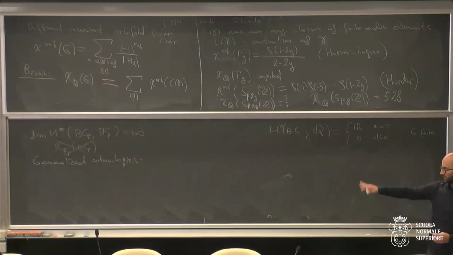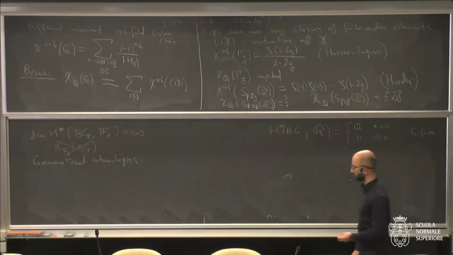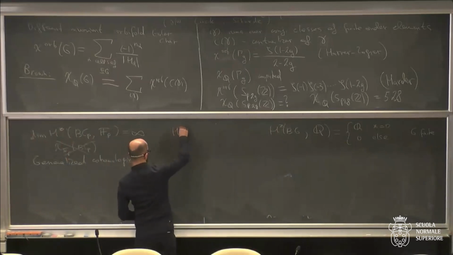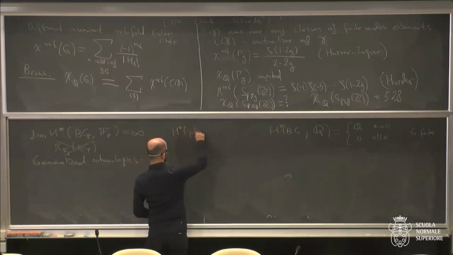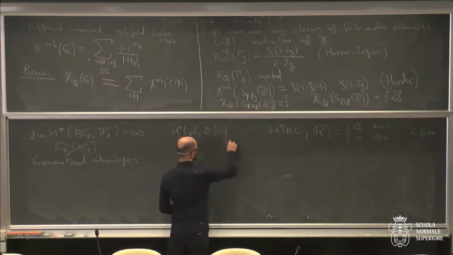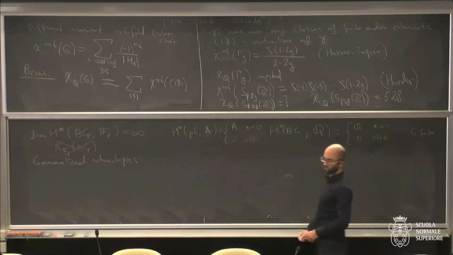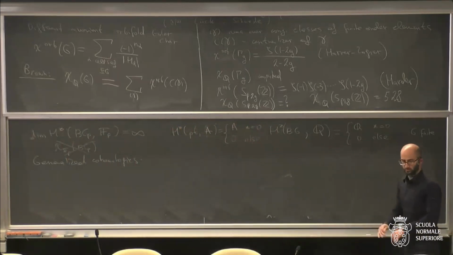All of these things are true for generalized cohomology. The only difference is that when you compute cohomology of a point with any coefficients A, singular cohomology is A in degree 0 and 0 else. This is not true anymore for generalized cohomology. That's the only difference between generalized cohomology and usual cohomology.